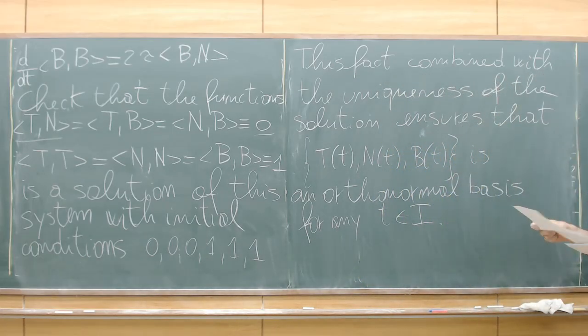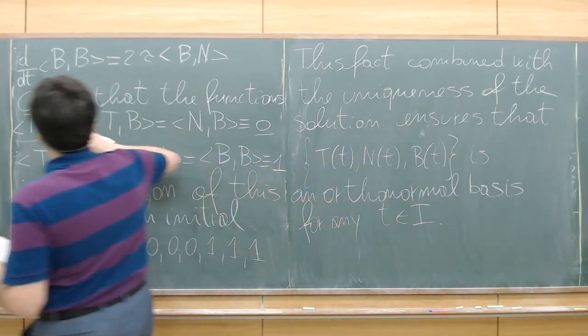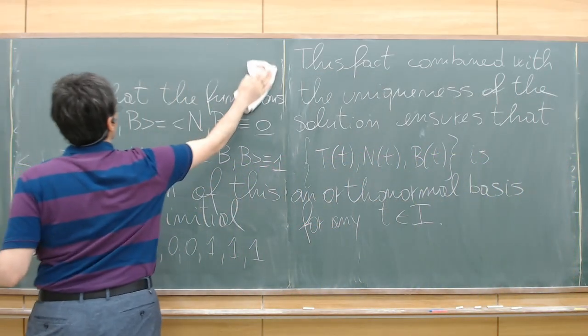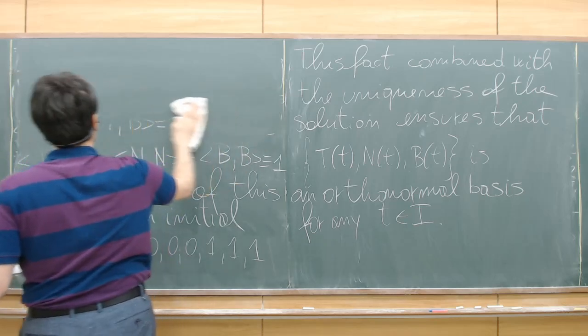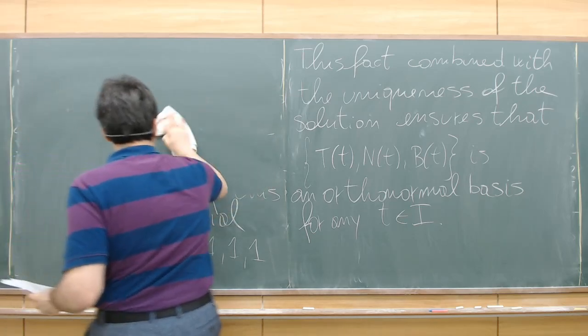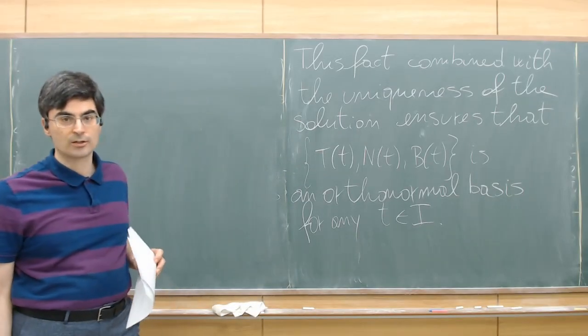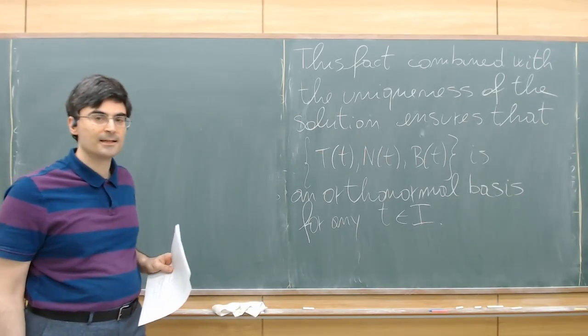Okay, the next step consists in defining a curve whose curvature function and torsion function are exactly k and tau.